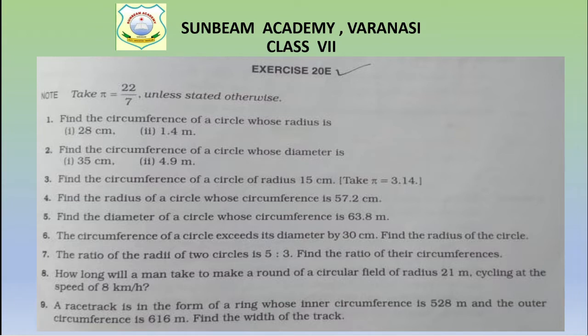In question number 6, the circumference of a circle exceeds its diameter by 30 centimeter. Find the radius of the circle.